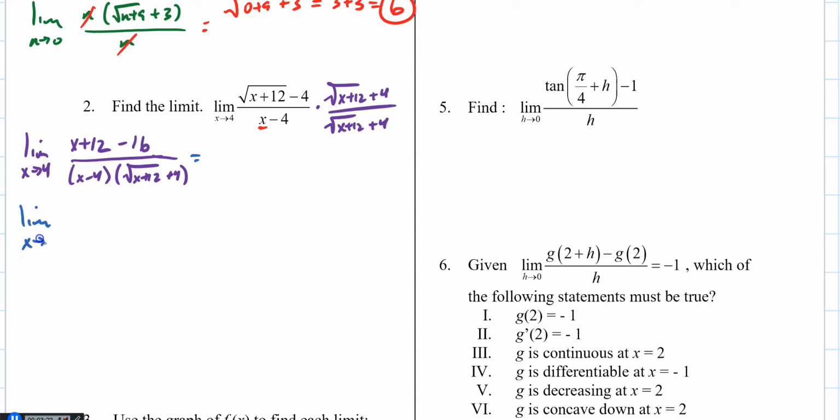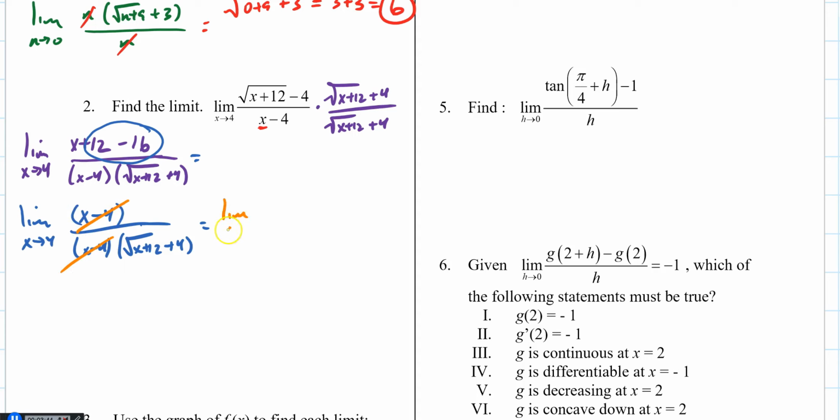The limit as x goes to 4, we're going to start to reduce this. 12 take away 16 is x minus 4 over x minus 4 times square root of x plus 12 plus 4. And now we can see that we have a factor of x minus 4 on the top, that same factor on the bottom. Those cancel out.